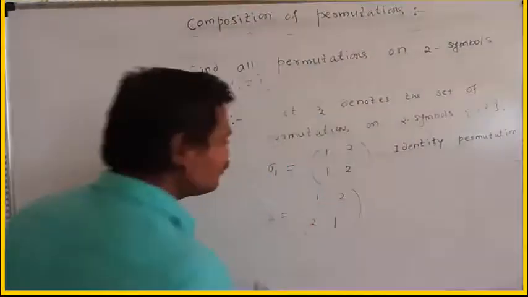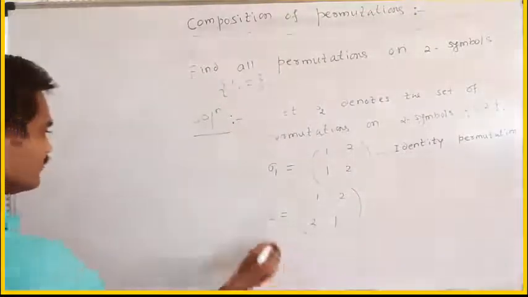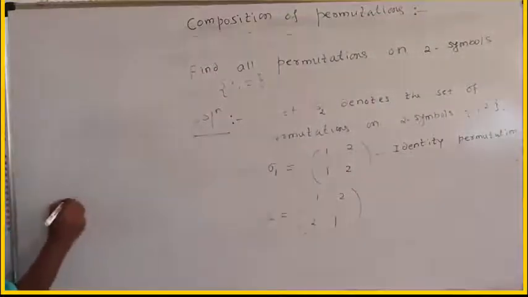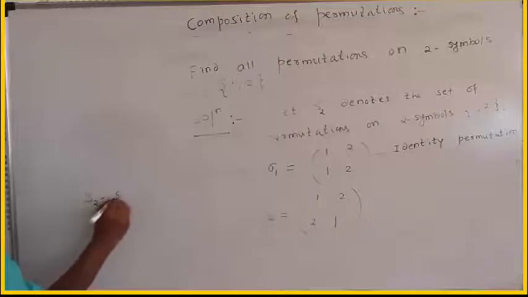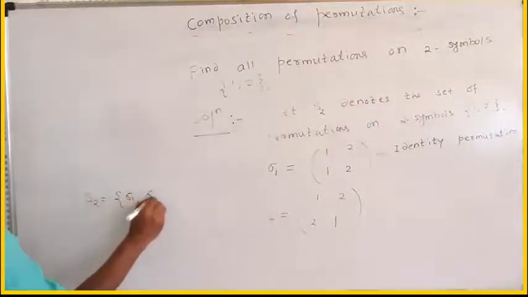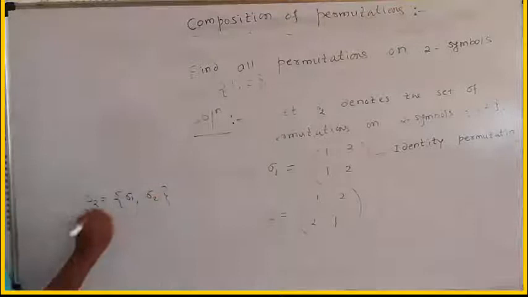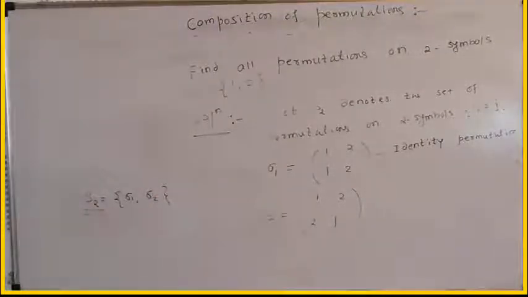These are the only two permutations on two symbols. Therefore S2 contains only sigma 1 and sigma 2, the set of all permutations on two symbols.